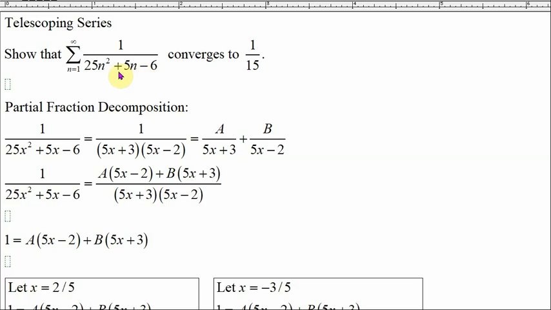The equivalent expression would be 1 over 25x squared plus 5x minus 6. Down here, the factors are 5x plus 3 and 5x minus 2.